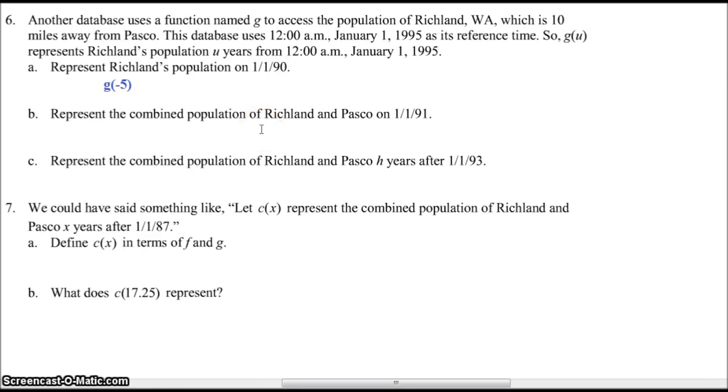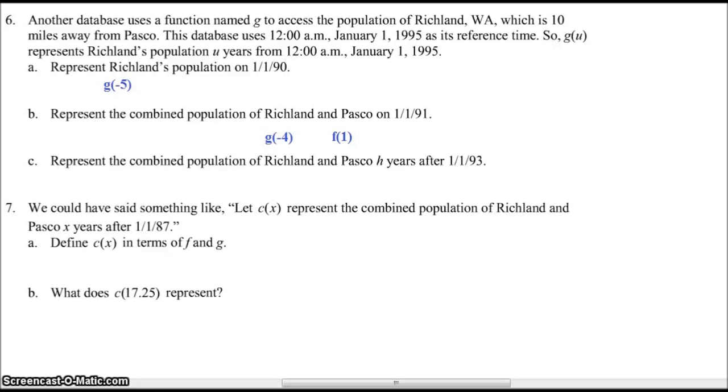Represent the combined population of Richland and Pasco on the 1st of January, 1991. So for Pasco, that's from the previous question, that'll be f of 1, because we're 1 year after 1990. And for Richland in 1991, that's 4 years before our reference point, so that will be G of -4.